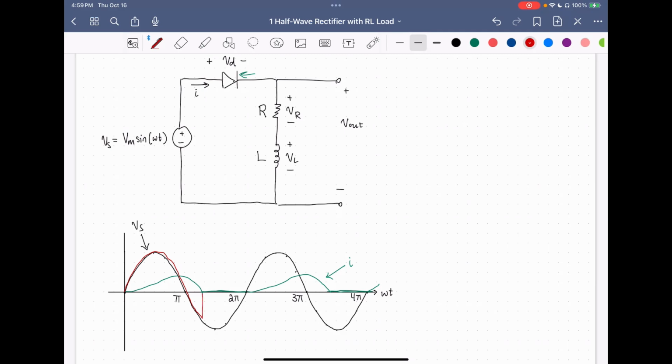There's no voltage at the output node, and we're just going to get zero voltage. Once again, when the next period starts, we'll see the same thing. Once it reaches zero, the output voltage is zero. So this red waveform is Vout.